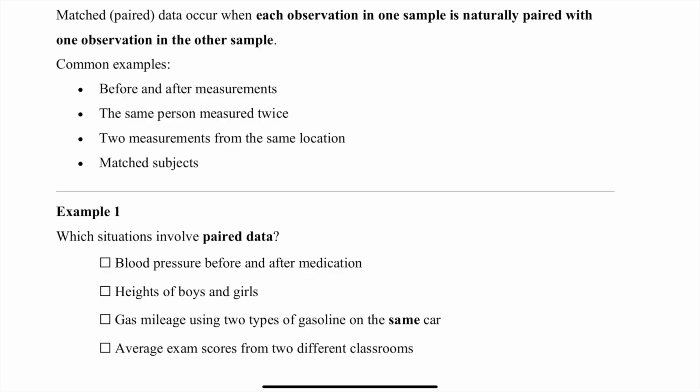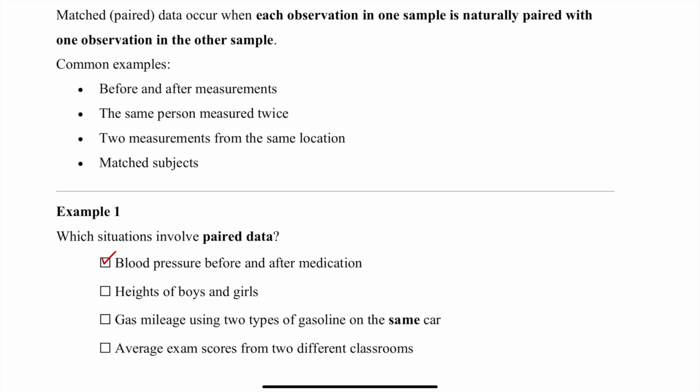The first situation is the blood pressure before and after medication. This is paired because we are measuring the same patient twice. The second situation is the heights of boys and girls. This is not paired because the observations come from different individuals.